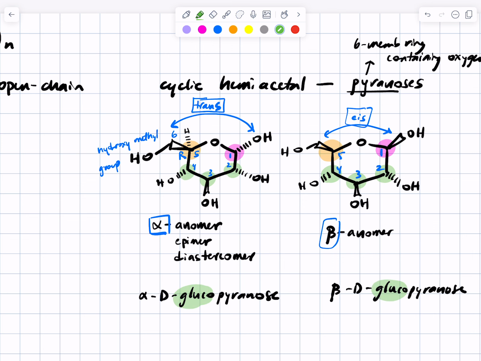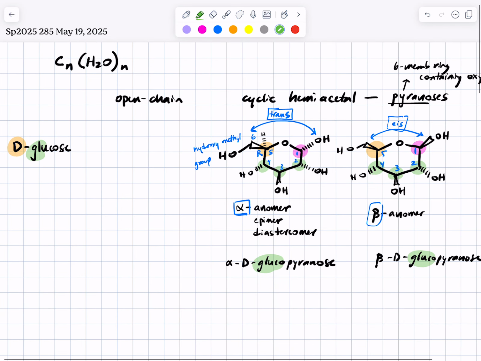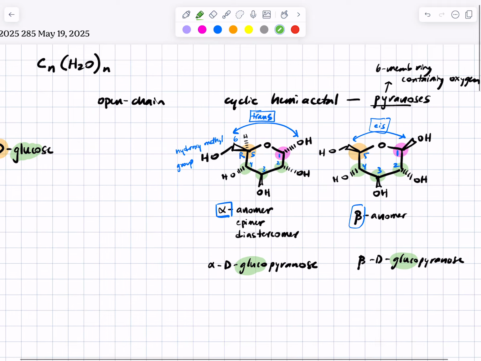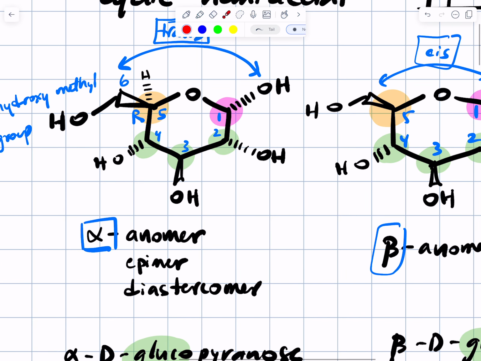So if you see gluco in the name of a sugar, that tells you what the configuration of C2, C3, and C4 should be. The D part tells you what the configuration of C5 is. The alpha or beta tells you what the configuration of C1 is relative to C5. Is it cis or trans?